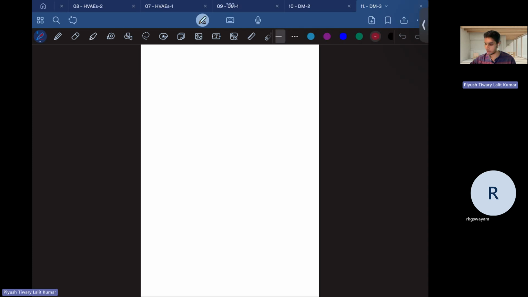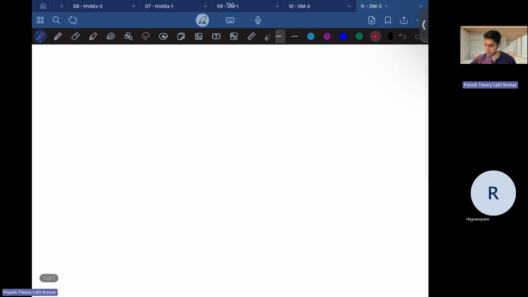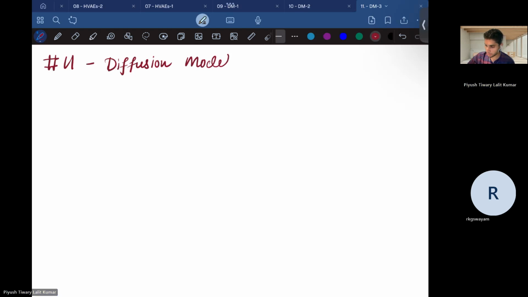This is a very short thing, but nonetheless, it deserves a separate discussion on its own. So this is number 11, which is again diffusion models. It's the third part.